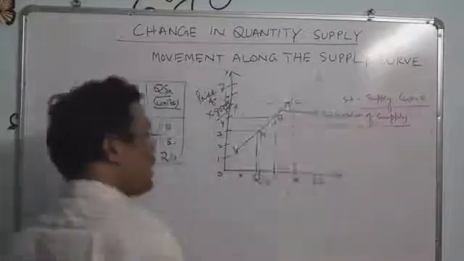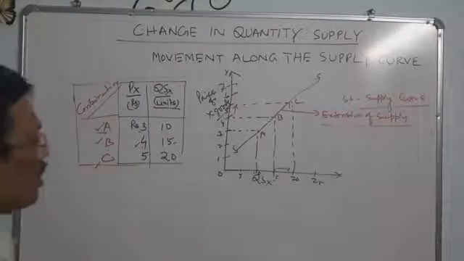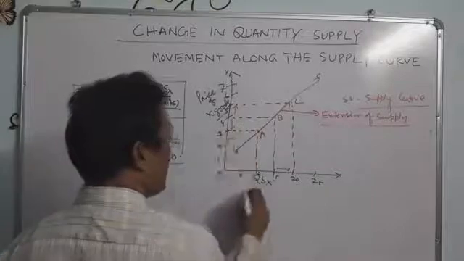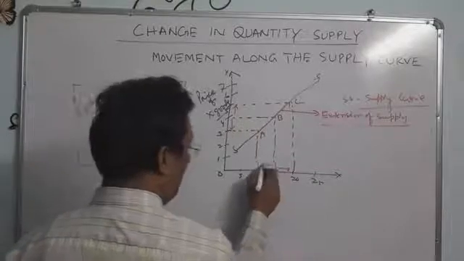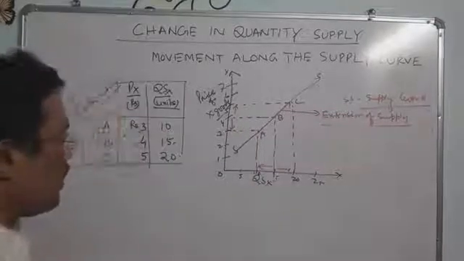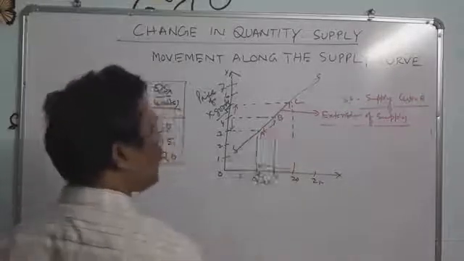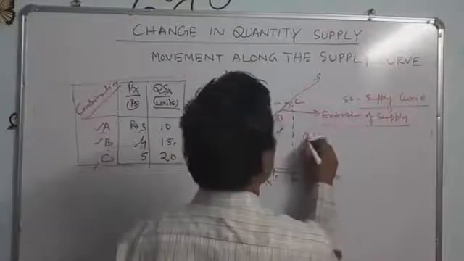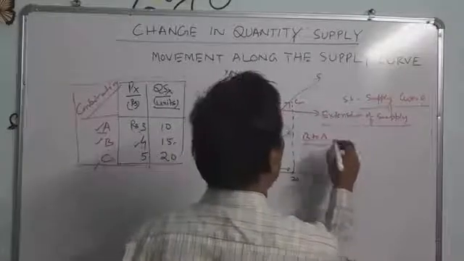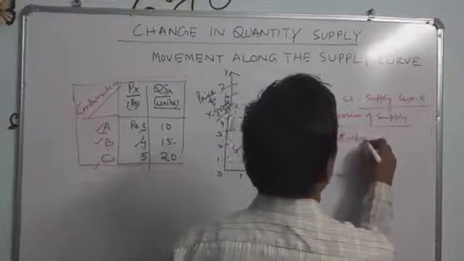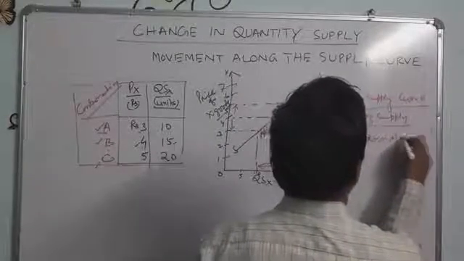When price increases, supply increases. Whenever price decreases, suppose from 4 rupees to 3 rupees, and quantity of supply decreases from 15 units to 10 units, that is the movement from B to A. When quantity of supply decreases, that is called the contraction of supply.